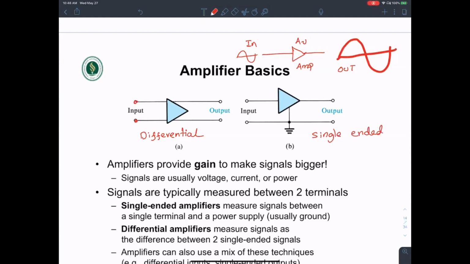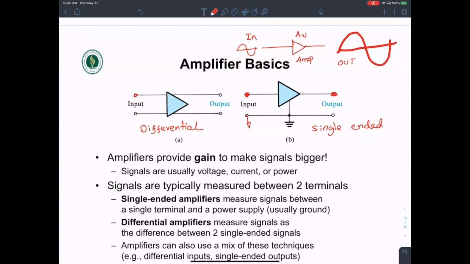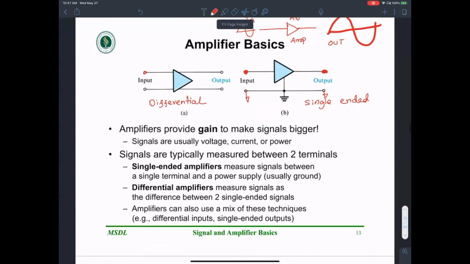Single-ended amplifier in the sense that if you make one of the terminals a ground, then you have a single-ended amplifier, where the input is measured as the difference between that terminal and ground. The output is also one terminal, and the other terminal is ground. So when one of the terminals is ground, it's called a single-ended amplifier. I can have a mix of these.